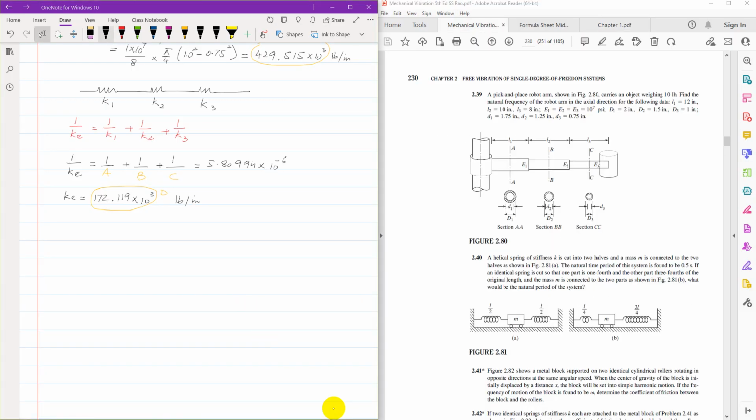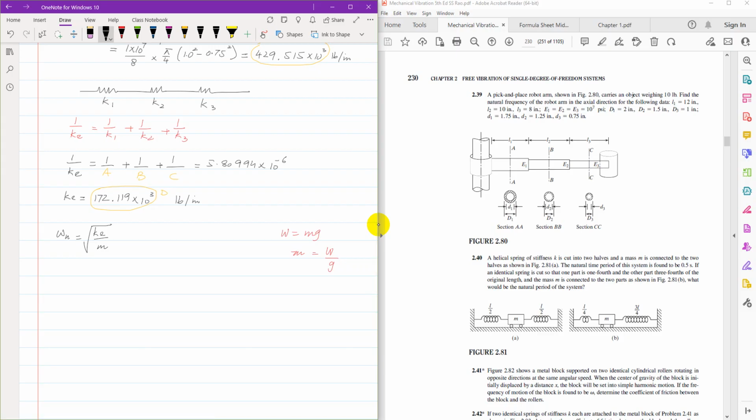Now to find the natural frequency, which is the square root of K equivalent over M. Mass is not given here; instead weight is given. So we will use the relation W equals mg, and then m is equal to W over g.